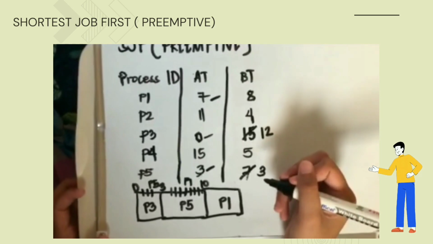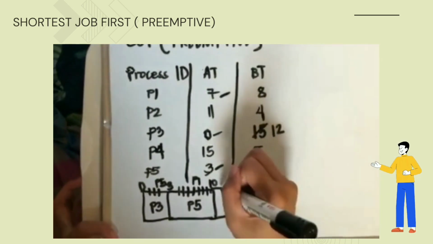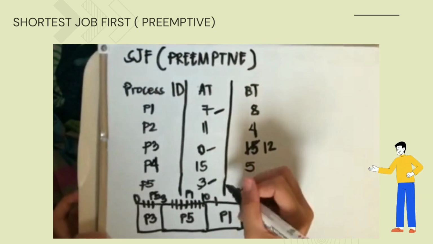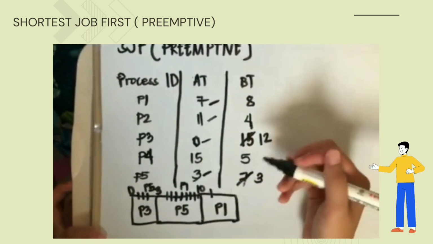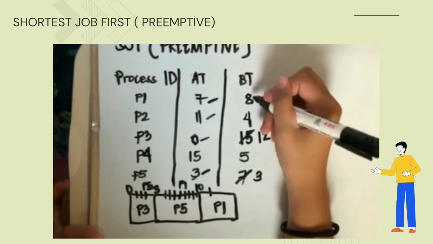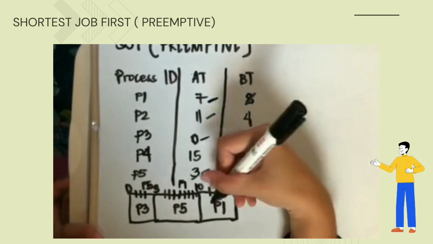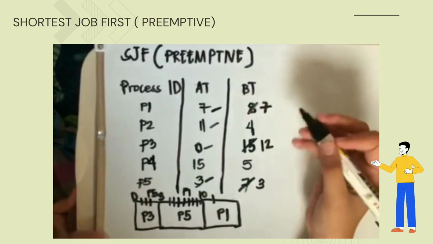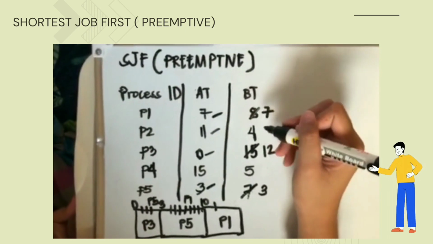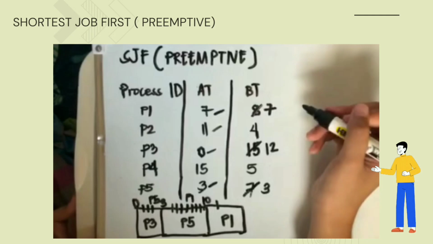Ngayon, habang ginagawa yung process ni P1 na pang 11, ay dumating naman si P2. Ngayon, yung 8 na burst time ni P1 is babawasan na natin ng isa dahil nagamit nito sa process. So, magiging 7 na lang siya. I-check natin kung mas mababa ba yung burst time ni P2 kaysa kay P1.